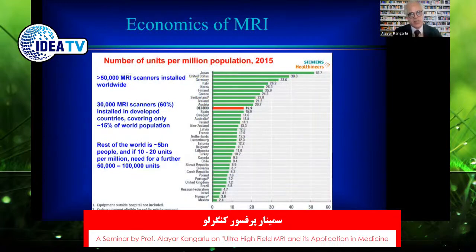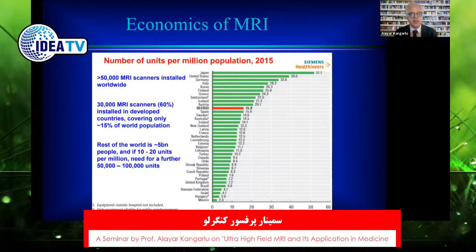As far as the economics of MRI is concerned, different countries are cataloged by various institutions, the World Bank, the International Monetary Fund, the United Nations and UNESCO, by different standards, by different yardsticks.